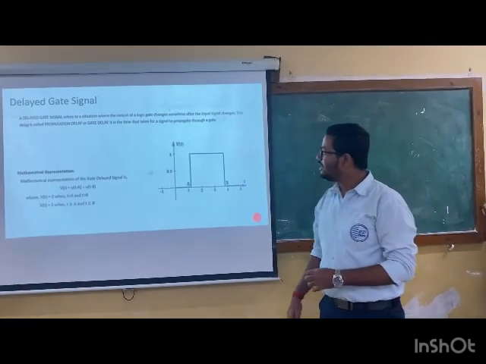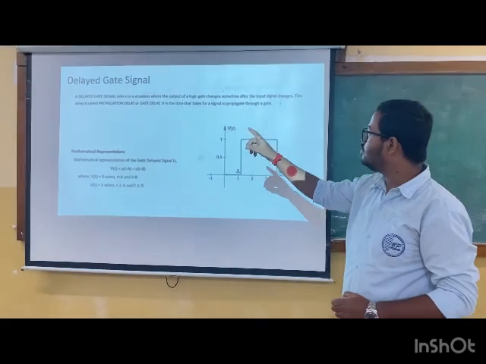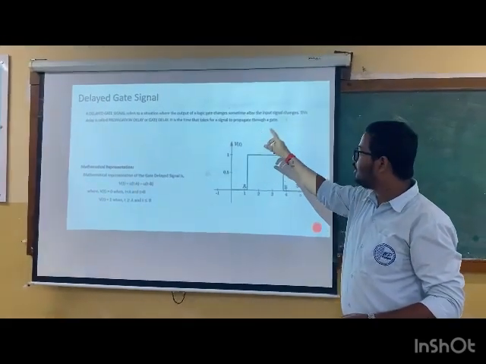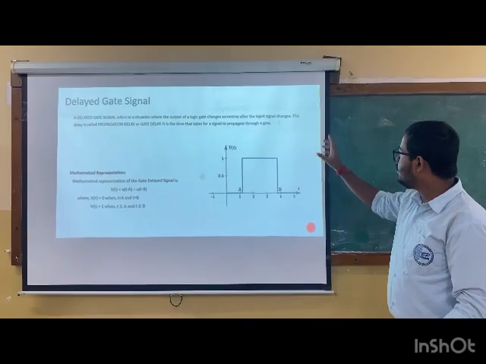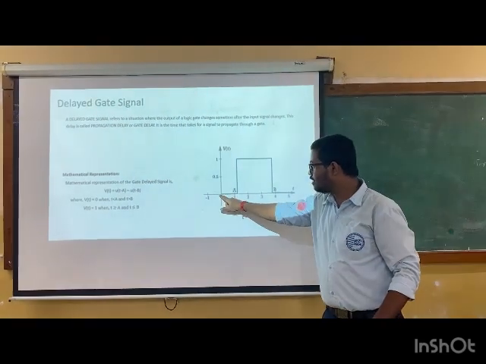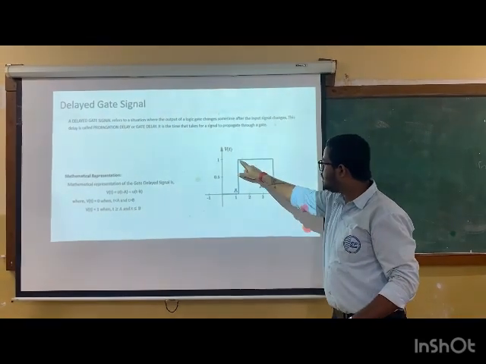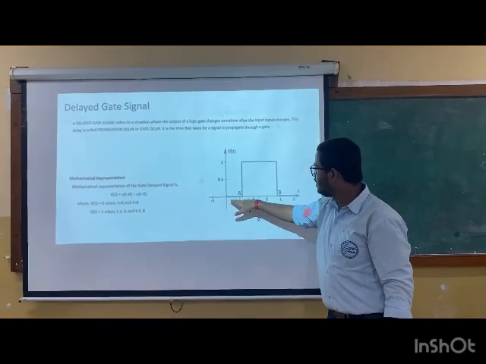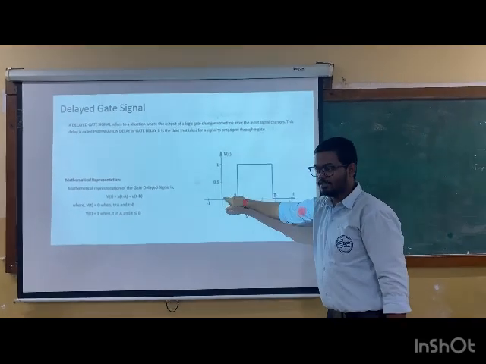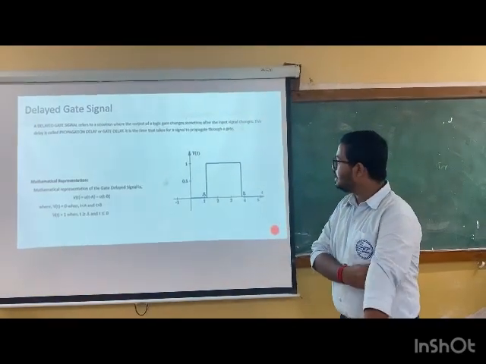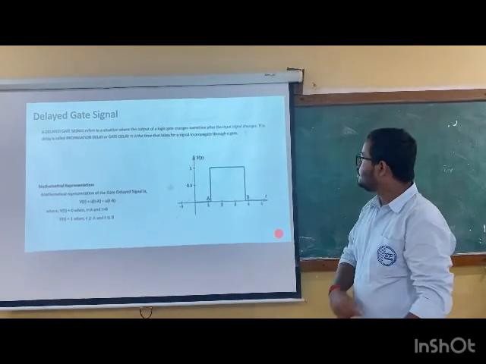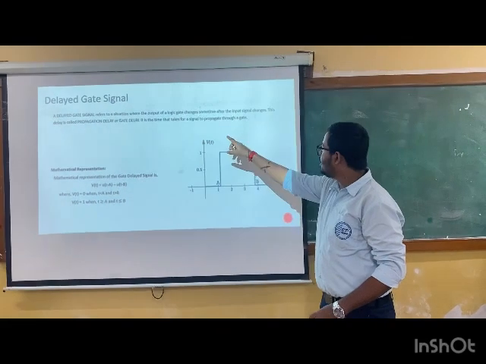The delayed gate signal refers to a situation where the output of a logic gate changes some time after the input signal changes. So when I give an input, the output of the delayed gate signal is held for some delay time. This delay is called propagation delay or gate delay, and it is the time it takes for a signal to propagate.